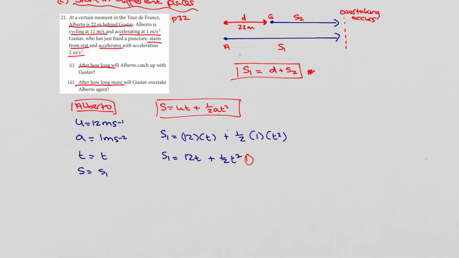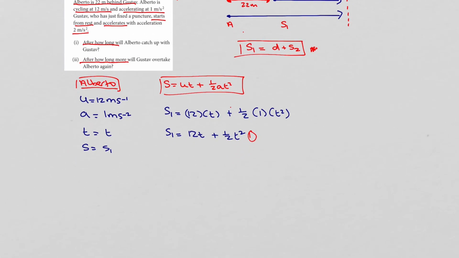Then we look at Gustav. And we can say that Gustav has an initial velocity of 0. His acceleration is 2 metres per second squared. Time spent travelling is t.